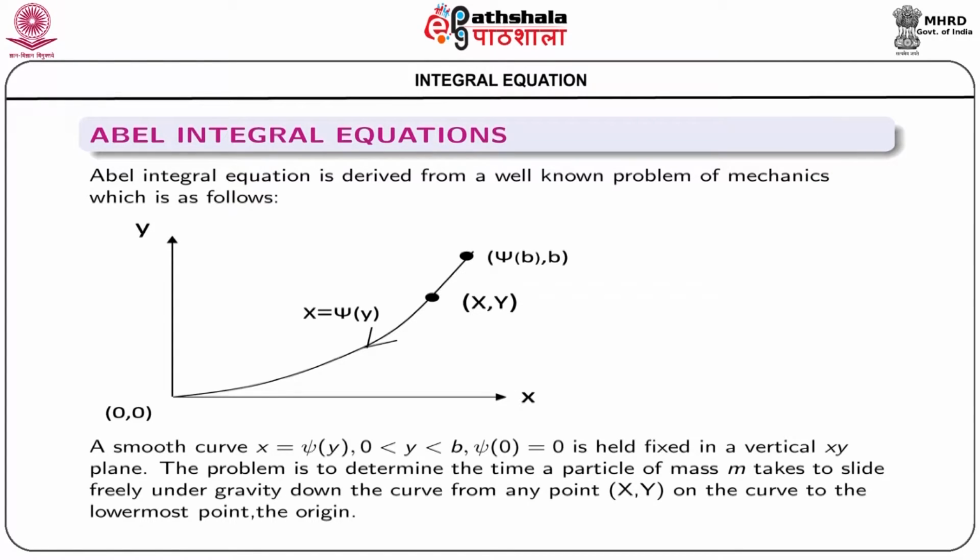Now the problem is to determine the time a particle of mass m takes to slide freely under gravity down the curve from any point capital X, capital Y on the curve to the lowermost point, the origin.